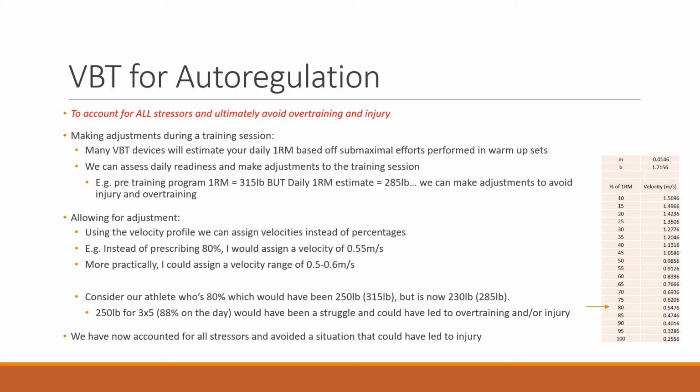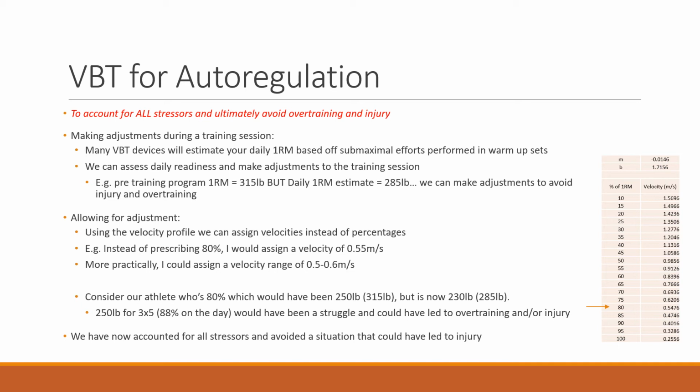And secondly, allowing for adjustment to be made automatically by the athlete. Using the velocity profile, we can just assign velocities instead of percentages. For example, instead of prescribing 80%, I would assign a velocity of 0.55 meters per second, because this is the velocity that pertains to that percentage. More practically, I could assign a velocity range of 0.5 to 0.6 meters a second.